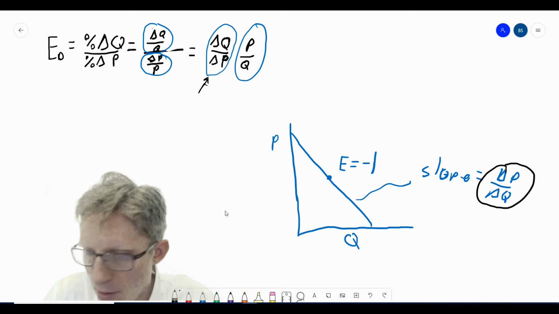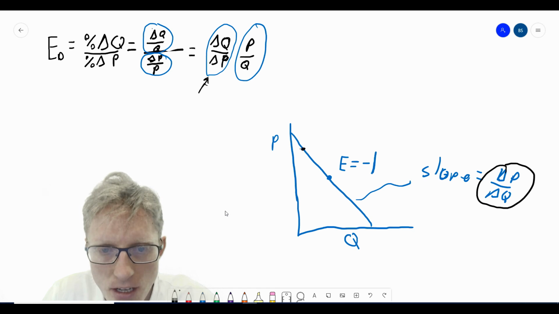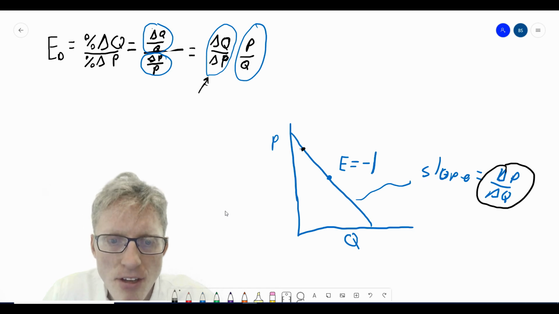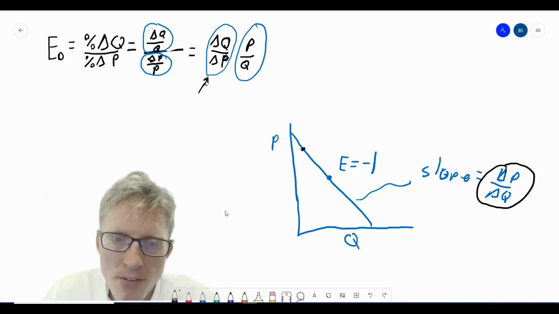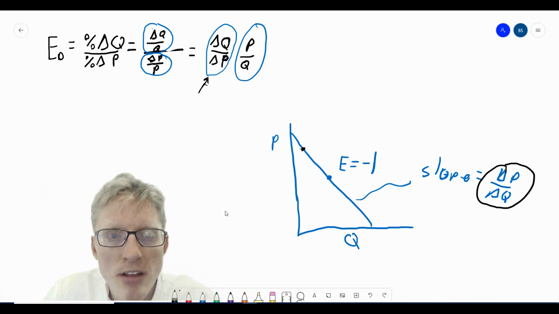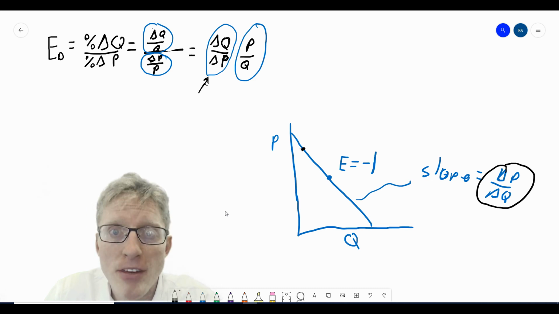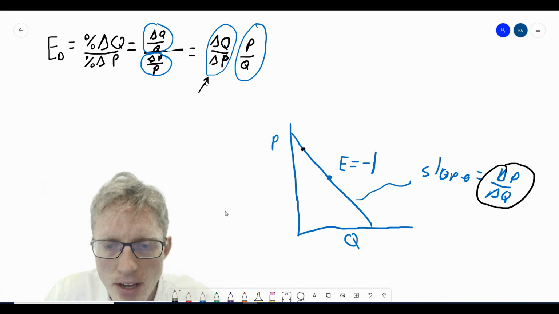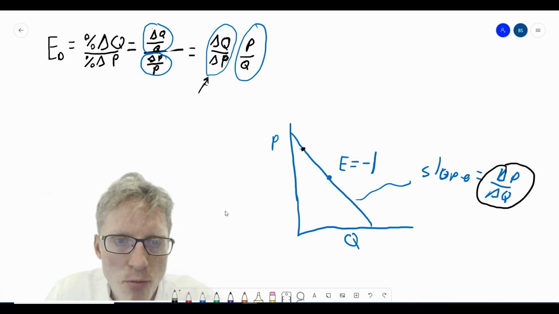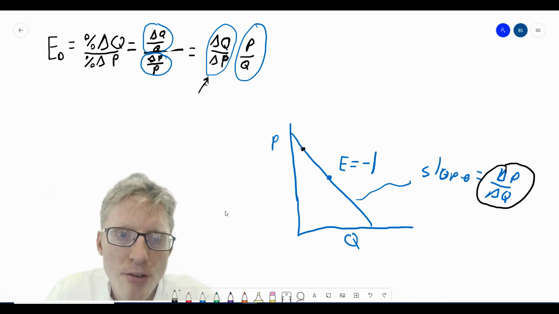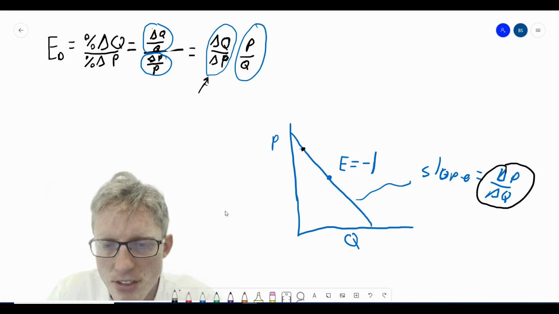So if we looked at a price and quantity up here, since this is far up vertically along the graph but not very far horizontally, this must correspond to a relatively high price and a relatively low quantity. So it has a high value of the numerator and a low value of the denominator. So this would be a relatively large value for the second part of the elasticity formula.